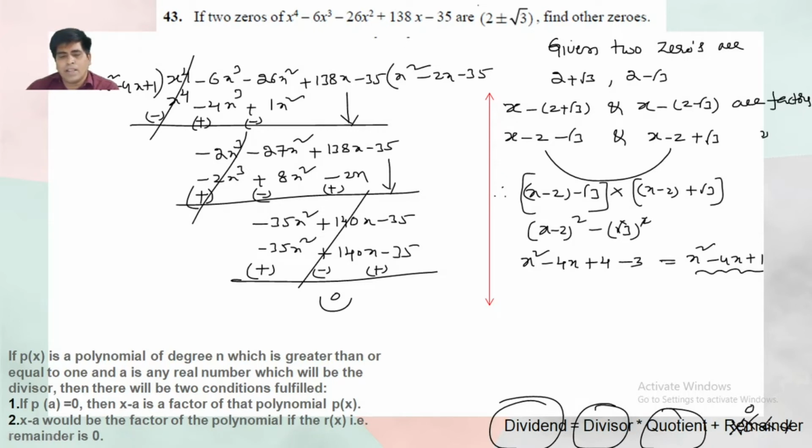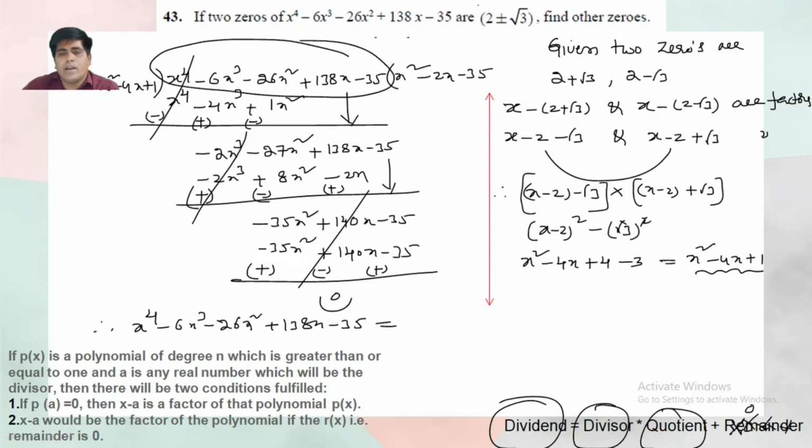So I am writing here, therefore x power 4 minus 6x cube minus 26x square plus 138x minus 35 is equal to the dividend. Dividend is equal to divisor into quotient.